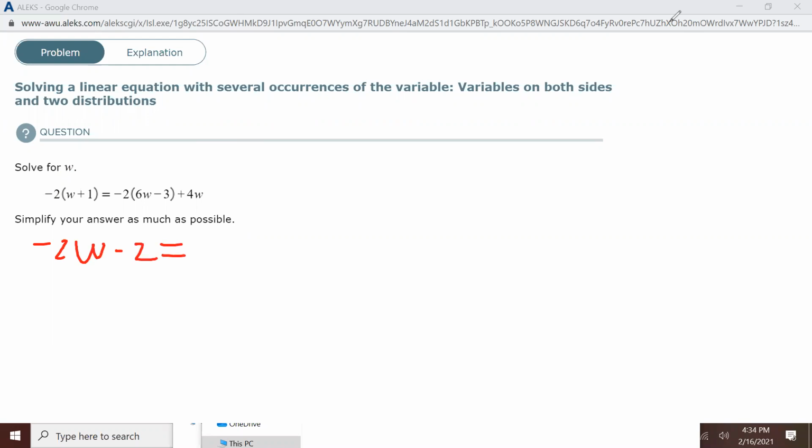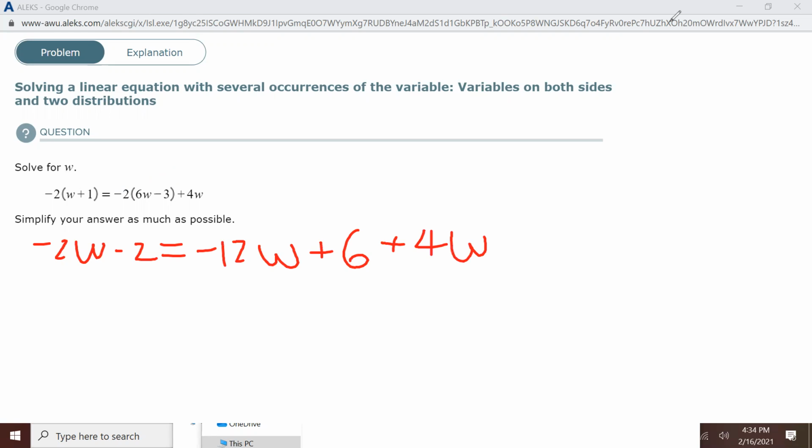And on the right side of the equation, I'll multiply the negative 2 through the parentheses to the 6w and the minus 3, yielding negative 12w plus 6. And then the plus 4w on the end just stays there. The parentheses have been eliminated.